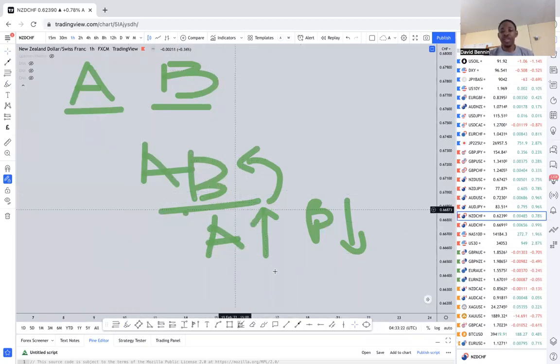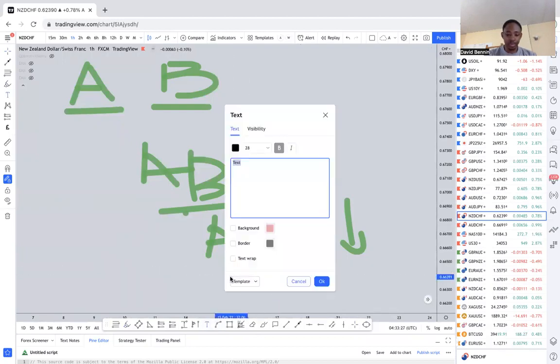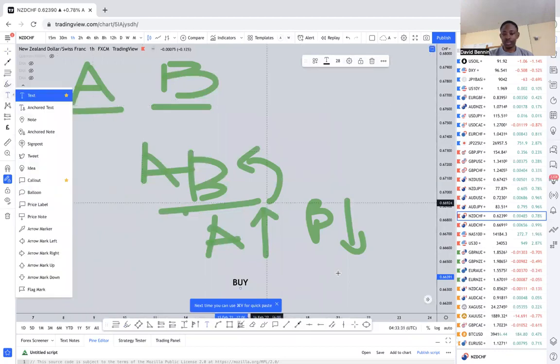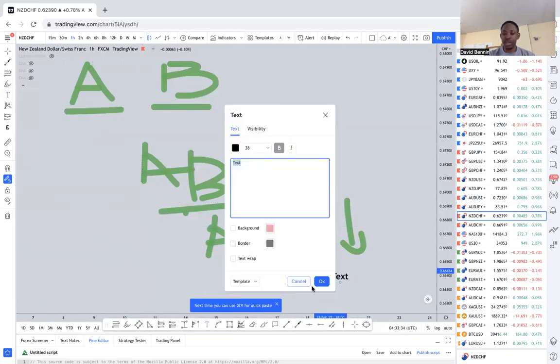So when AB is going up, you buy. And when AB is going down, you sell.